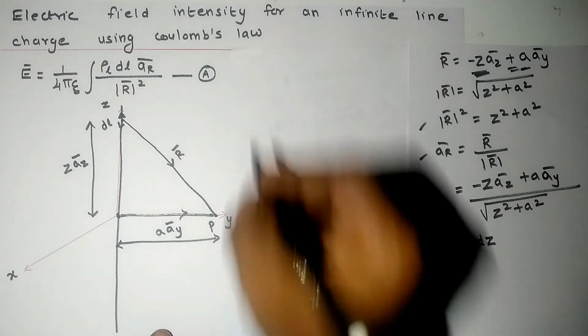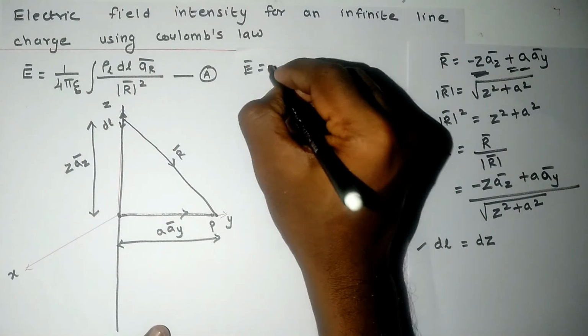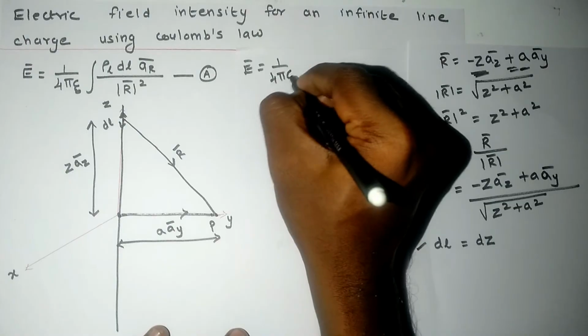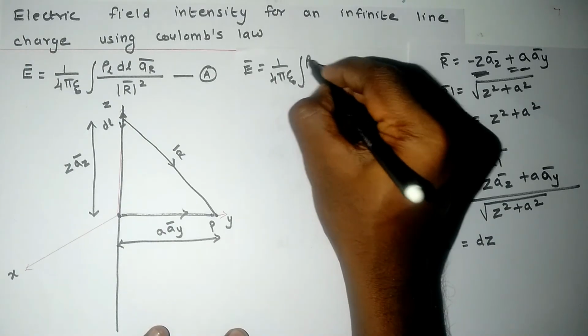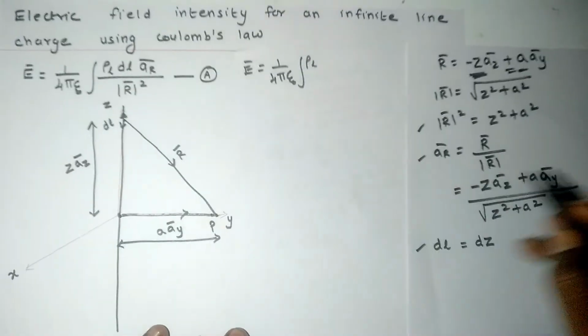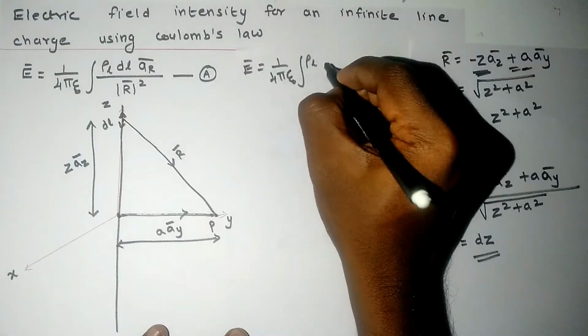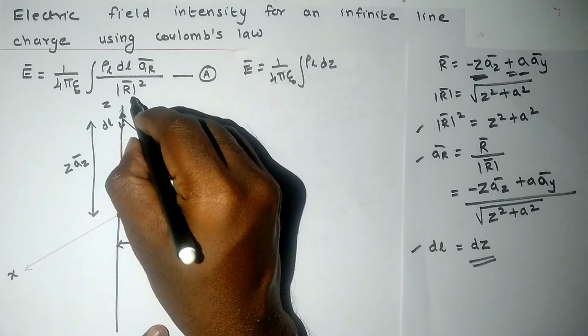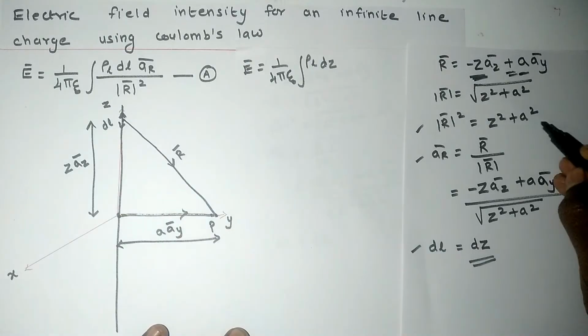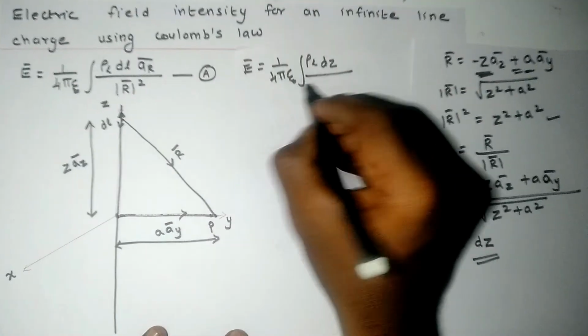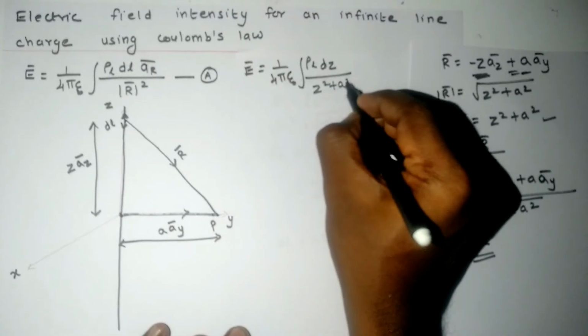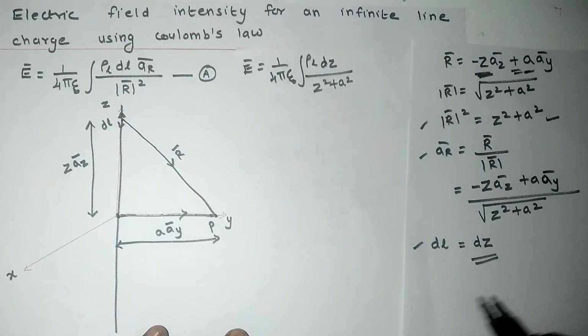Now E vector will be equal to 1 by 4 pi epsilon 0 integral rho L dl, that is dz, divided by modulus of R vector square, that is z square plus a square, into ar.